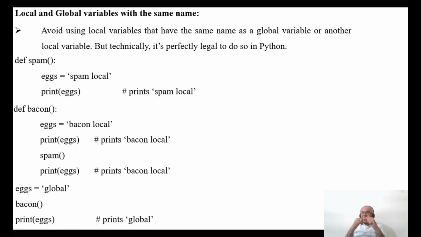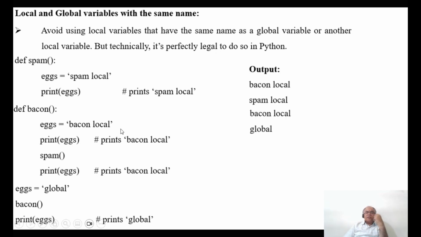Because you are assigning the value for x outside the function. That is the reason why it is a global. Then you call the bacon function, and once you call it, it goes into the bacon function. x becomes bacon local. So what is the output we are going to get? We are going to see.